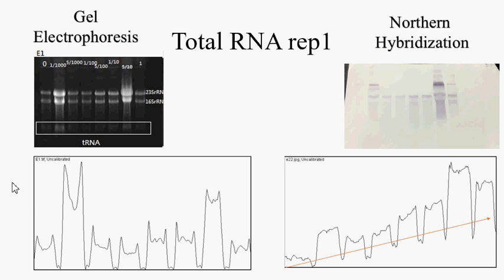And we want to calculate how bright these bands are. So we use ImageJ to calculate that. First, we calculate the area under the curve. You can see how bright each band is. And in northern hybridization, we do the same thing.